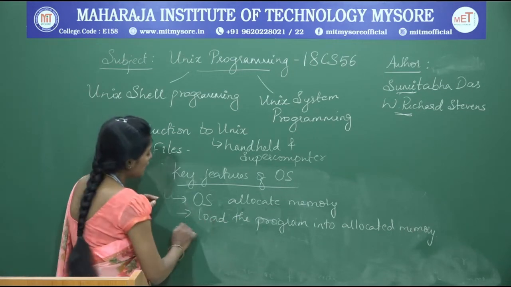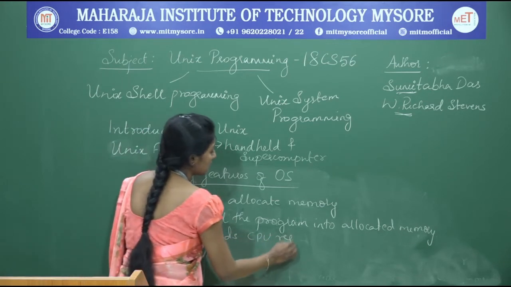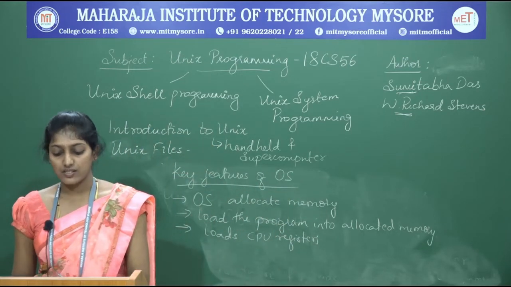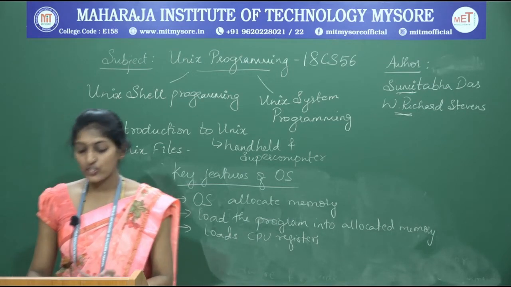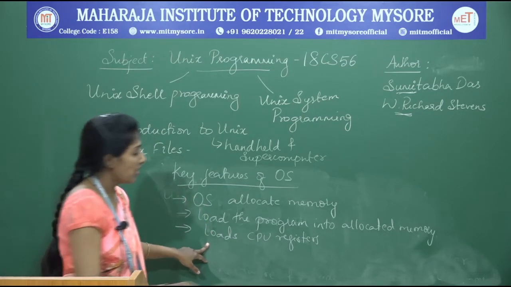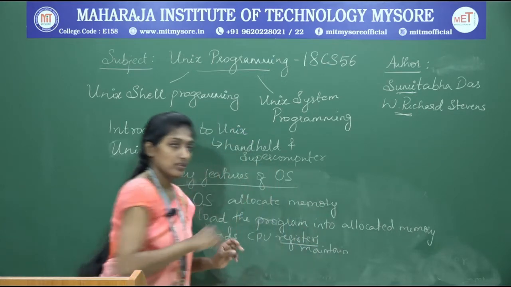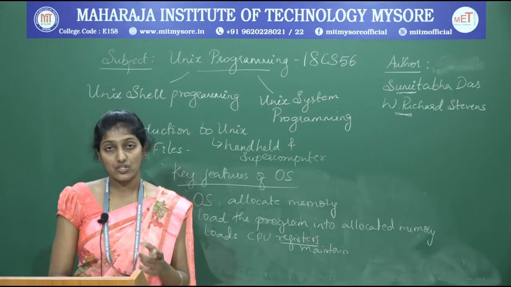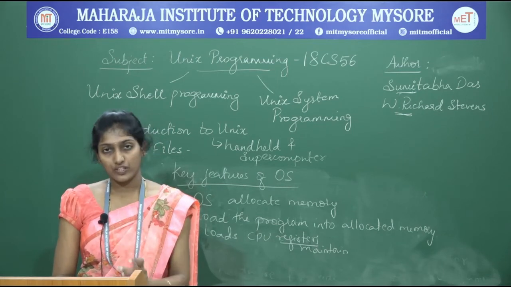Then the OS is going to load the CPU registers. What do these CPU registers actually comprise? The CPU registers basically maintain the memory allocations provided for each and every program, or each segment of a program.